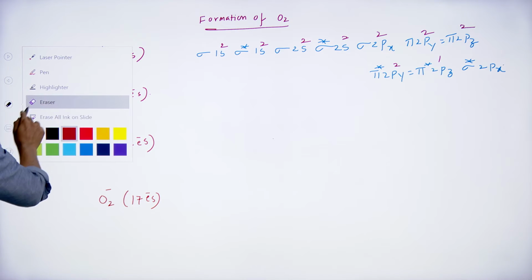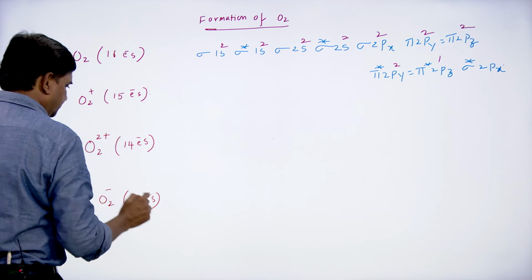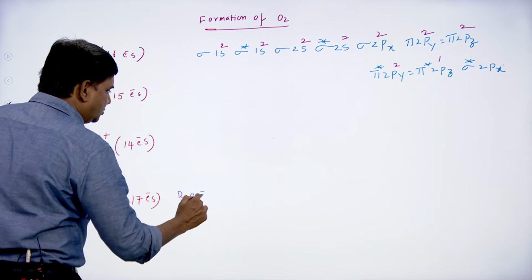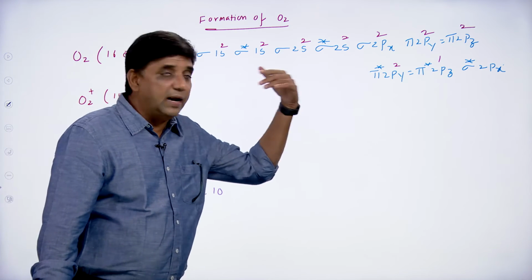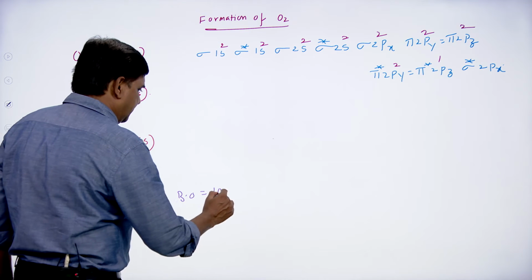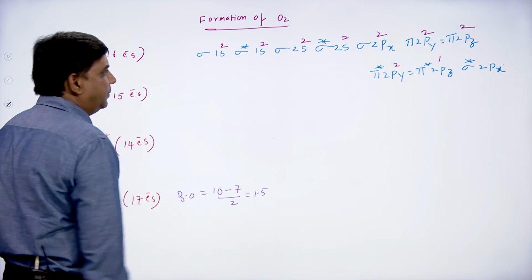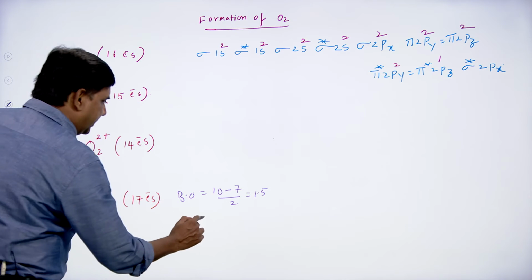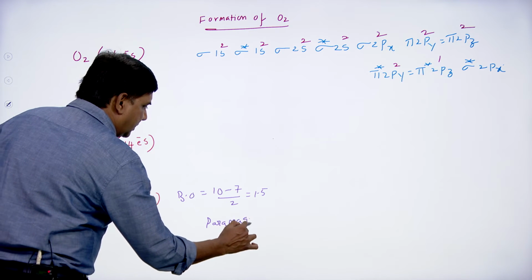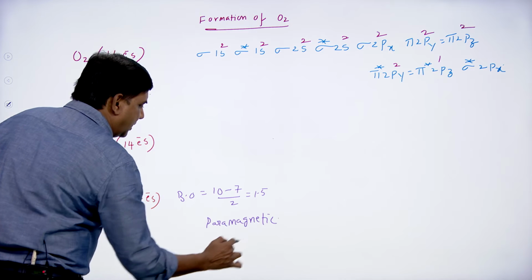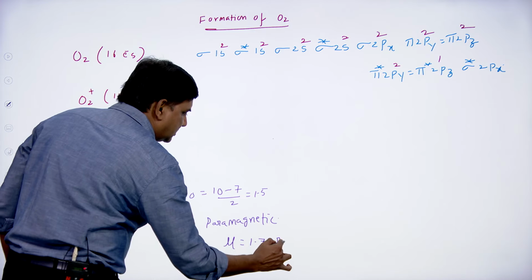Here the bond order is, no change in bonding electrons, but the number of electrons in anti-bonding orbitals increased. That means 10 minus 7 by 2 is equal to 1.5, and still paramagnetic in nature because of the presence of an unpaired electron, paramagnetic, and the magnetic moment is 1.73 Bohr magnetons.